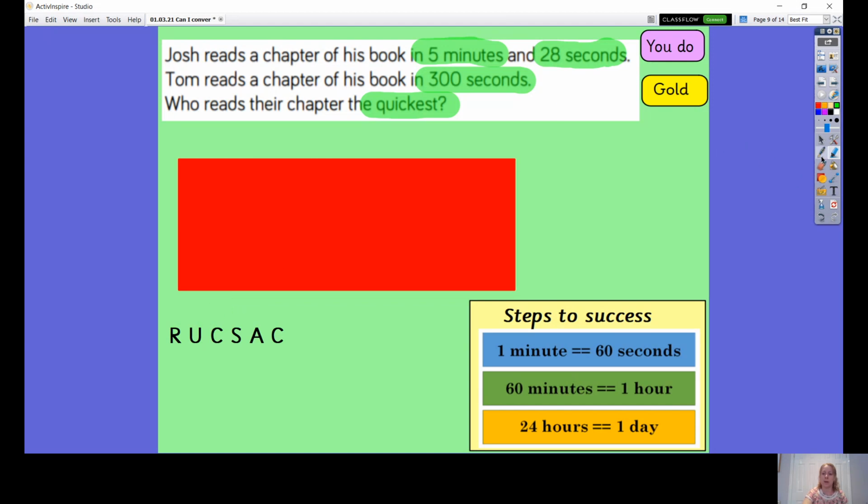Then I'm going to do my calculation. Now, to be able to do my calculation, I need to make these two the same. Okay, these are in seconds, and this is in seconds and minutes. So I need to work out how many seconds there are in 5 minutes, add them to that, and then see which is more seconds. Okay, so that is the calculation that I need to do.